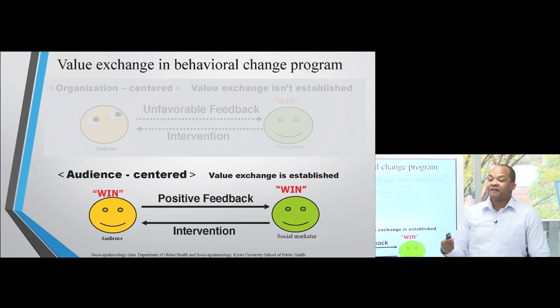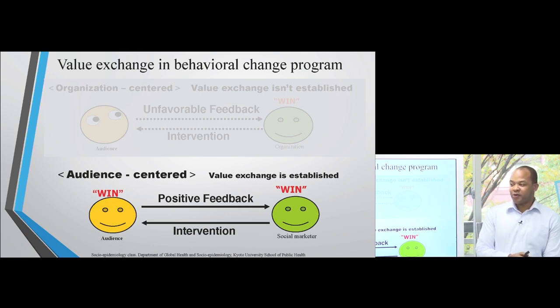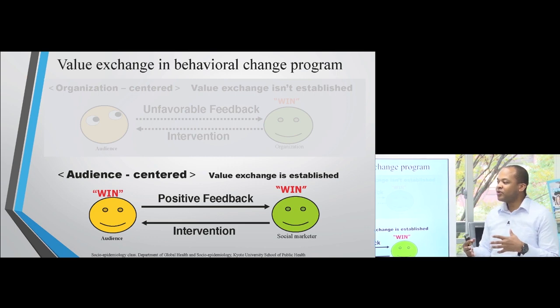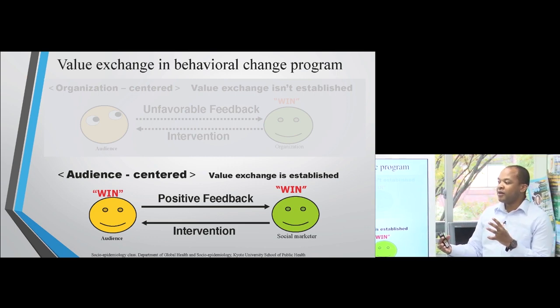The intervention is developed based on the preferences of the audience, and as a result, the audience likes the intervention and gives positive feedback. So partly the reason we are having this particular session today is to help you think about ways to make sure that the intervention you are thinking about is built on the preferences of the audience.